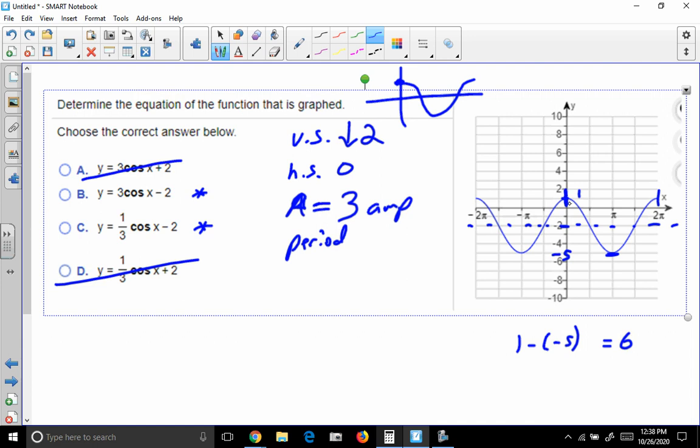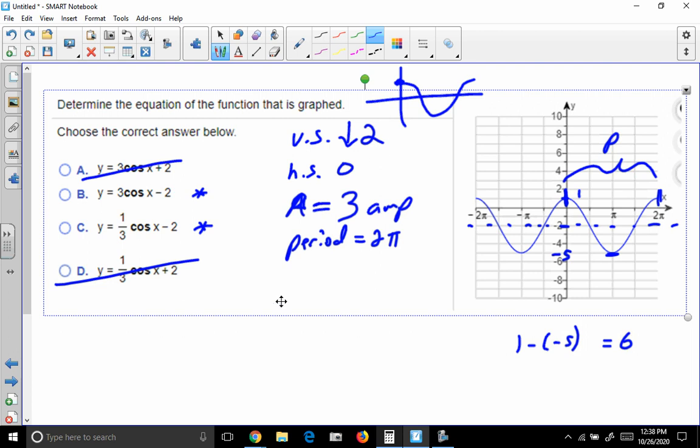So from here to here, that completes one cosine wave. That's from 0 to 2 pi. So one period, it takes 2 pi to go through a complete cycle. Here to here, we've gone through a complete cycle in 2 pi radians, so that's our period.